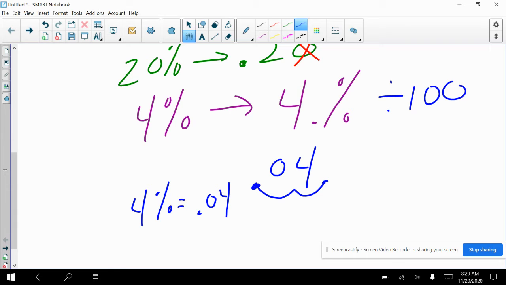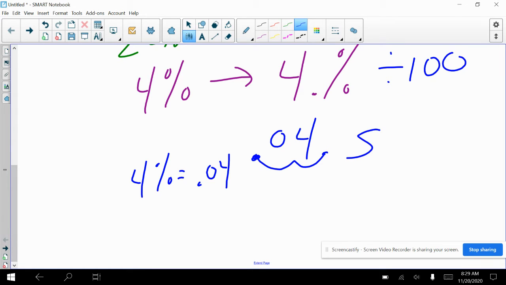Now that 0 does have a value, because it's before the whole number. Now that 0 is important. Does that make sense?